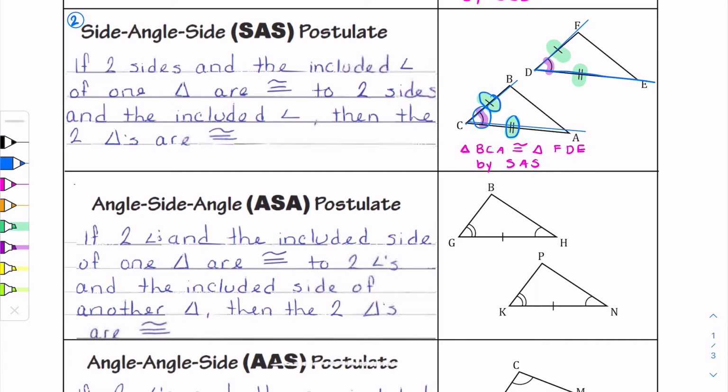The third postulate that proves to be true is called the angle side angle, abbreviated as ASA. And this says if 2 angles and the included side of one triangle are congruent to 2 angles and the included side of another triangle, then the 2 triangles are congruent.